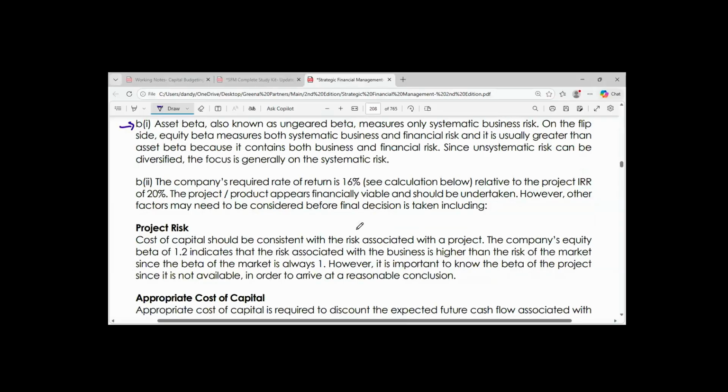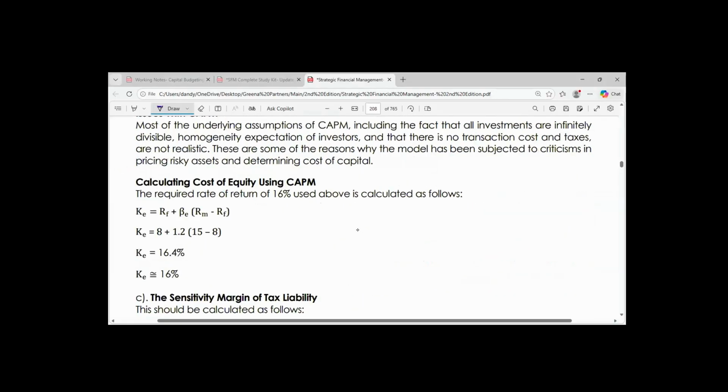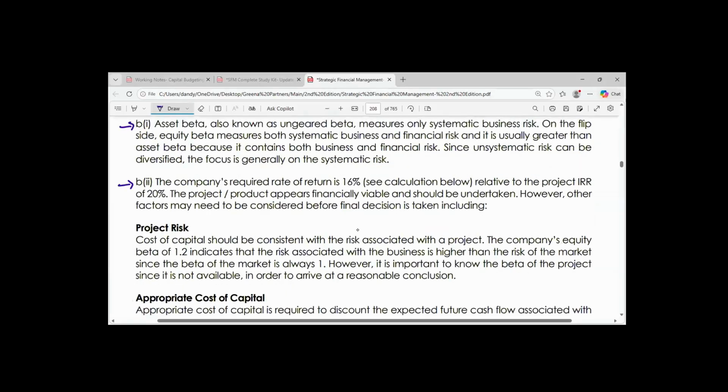Then B2, the company's required rate of return of 16%. We have calculated the cost of equity using CAPM. This is the cost of equity here using CAPM, and we got approximately 16%. So the company's required rate of return is 16%, see calculation below, relative to the project internal rate of return of 20%.